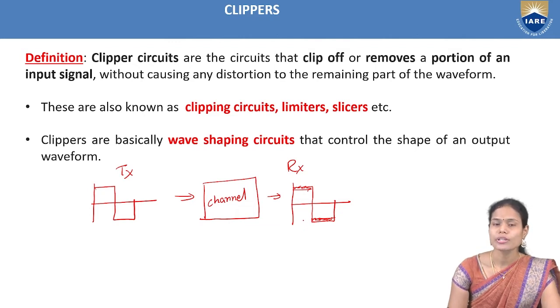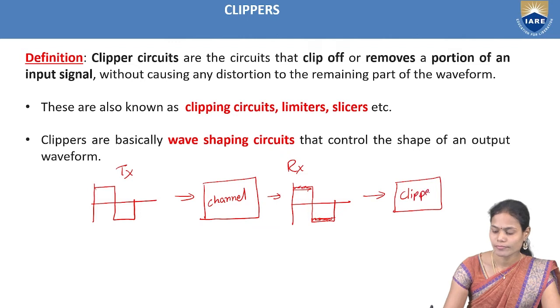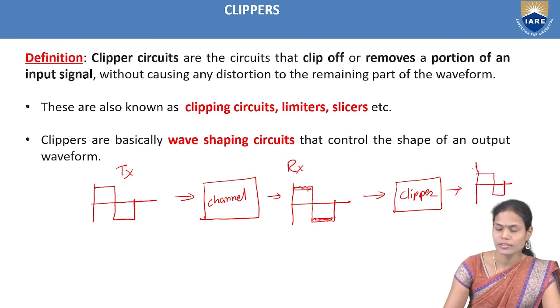In order to remove that noise from the desired signal, we can utilize the clipper circuit here. I am giving this received signal to my clipper. This clipper will remove the unwanted part, that is the noise content, and it will provide the signal without noise as my output.